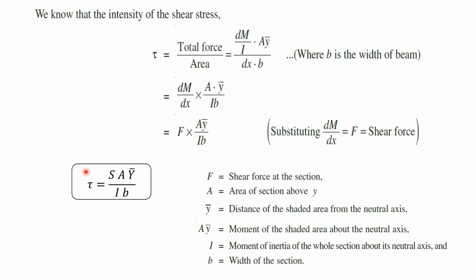So by rearranging the terms, we get the value of shear stress tau is equal to F, we can represent it by S also, that is shear force. So tau is equal to S A Y bar upon I B, where S or F is the shear force at the section, A is the area of the section above the neutral axis, Y bar is the distance of the shaded area above the neutral axis, then A Y bar is the moment of the shaded area about the neutral axis, and I is the moment of inertia of the whole section about its neutral axis, and the last one, B, is the width of the section.